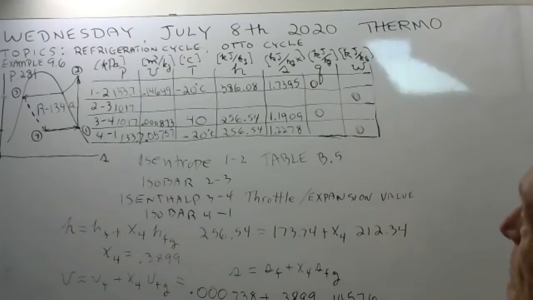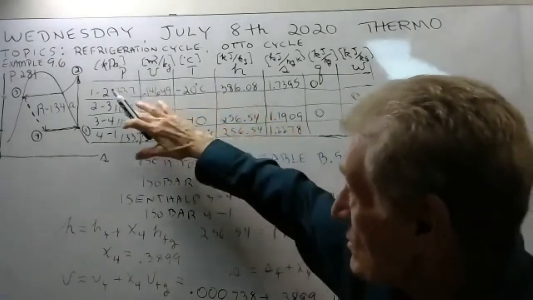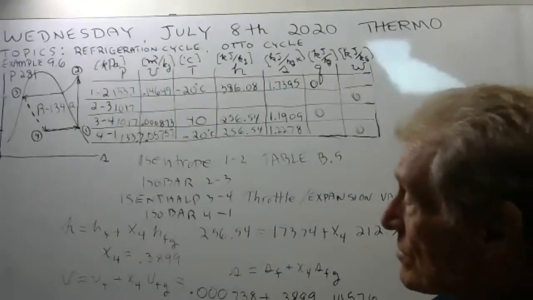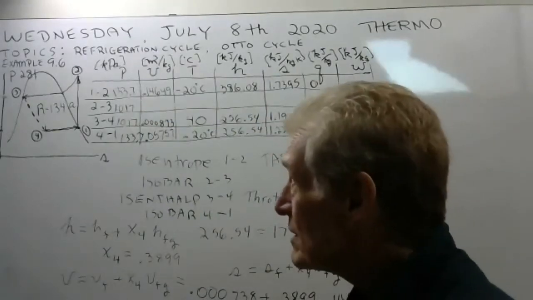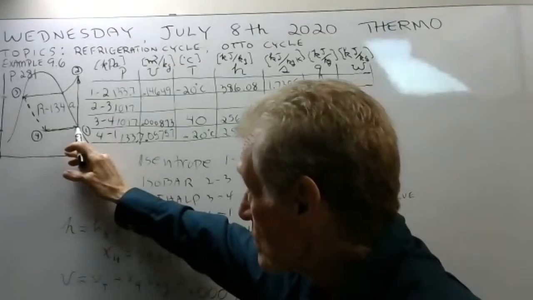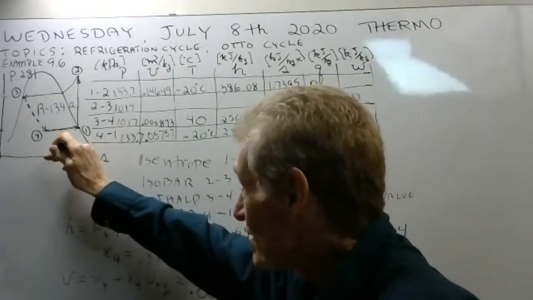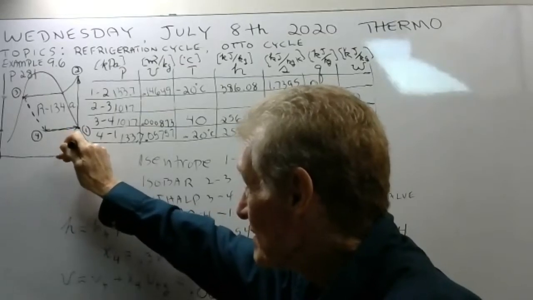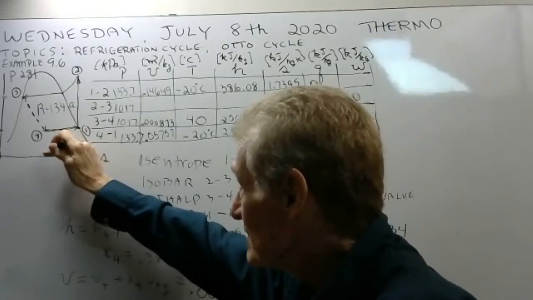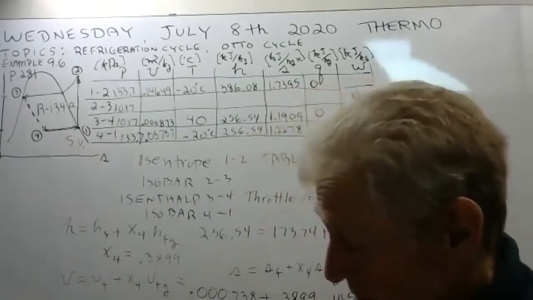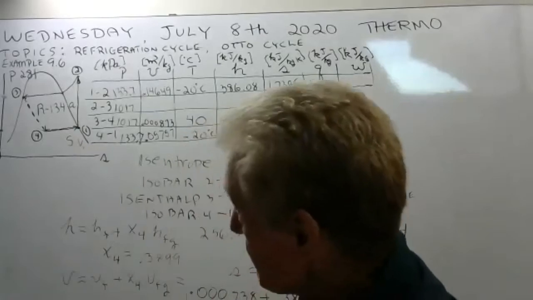Okay, well, good. We made a little progress there. Excellent. Hey, let's see if we can get any of these. Now, what do we know about state 2? Now, let's see. State 1 was saturated vapor. Here, I'll write it. Saturated vapor. State 3, one of my excellent students told me what that was.